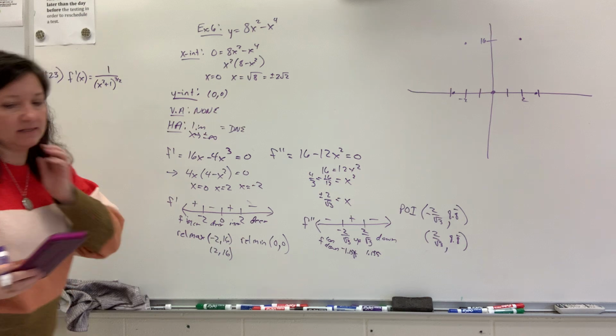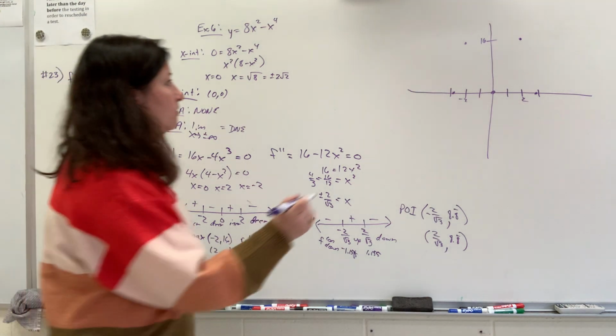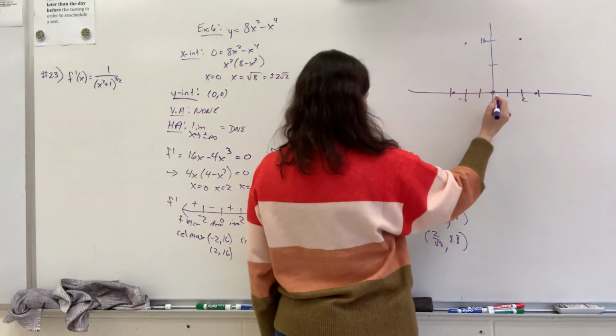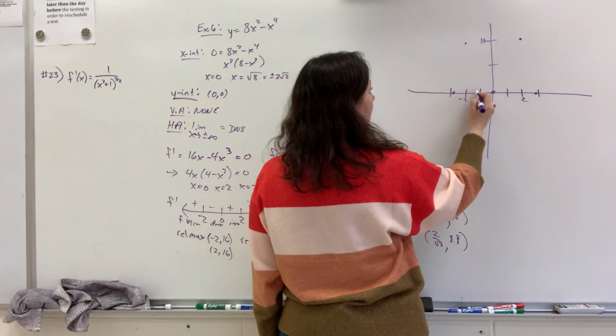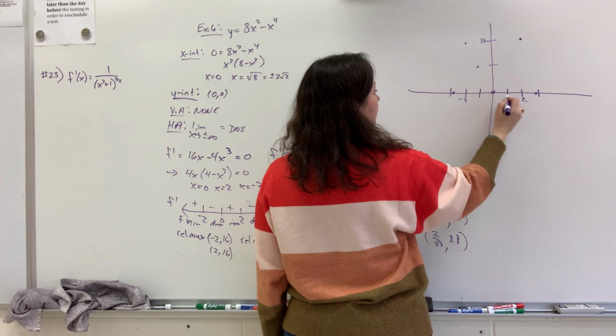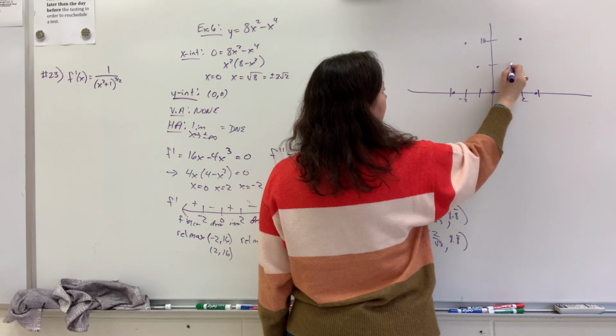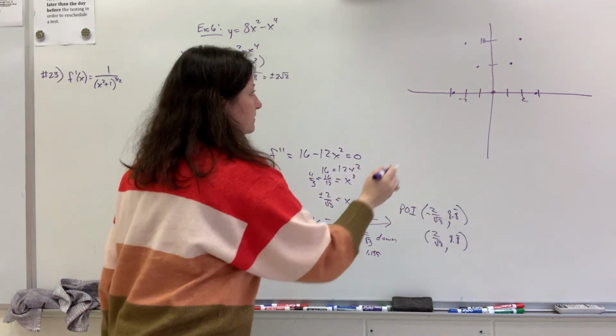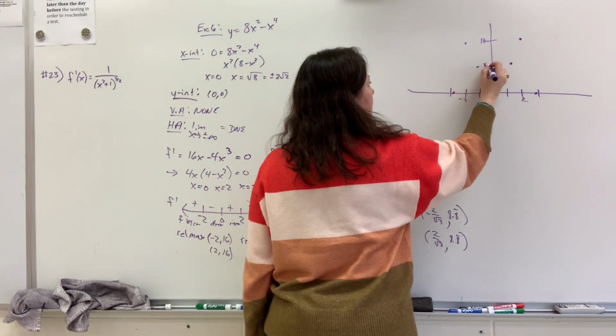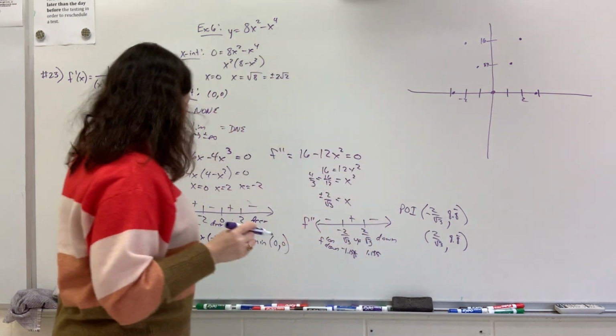They both come out to be the same. So somewhere around 8.9, at negative 1.15 and positive 1.15, my concavity is switching.